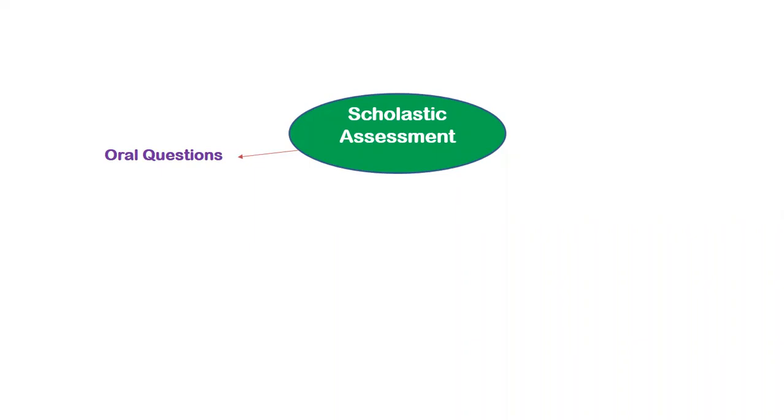So evaluation is equal to assessment. Assessment or evaluation is quite similar. So how can the scholastic assessment be done? It can be done on the basis of oral questioning, or assignments.